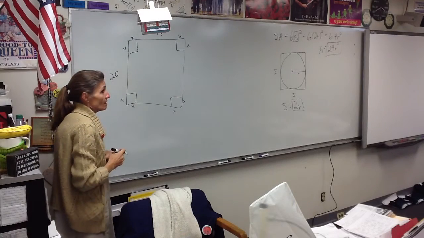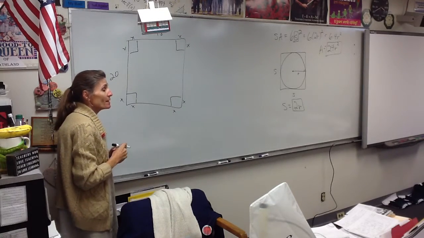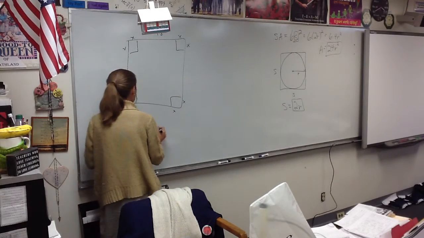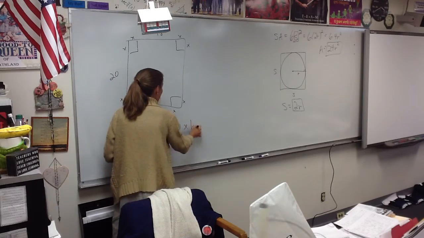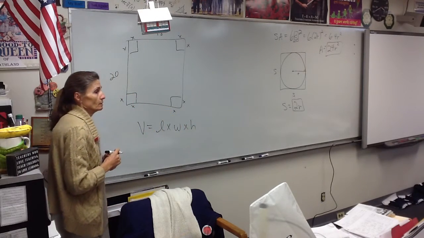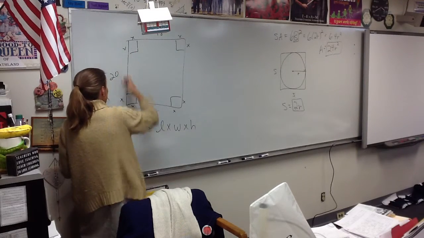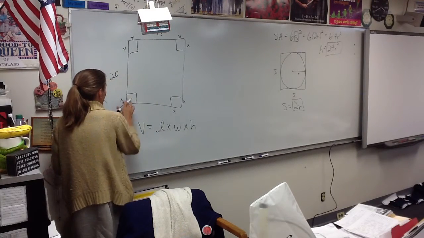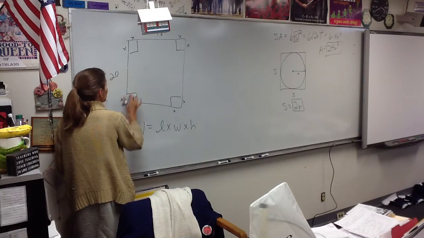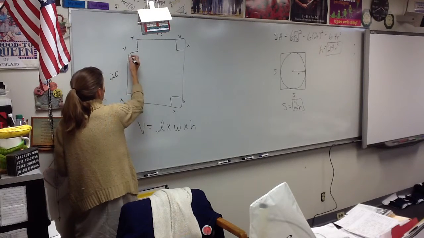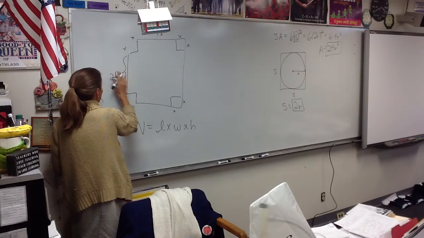Okay. Now I want to build the biggest box that I can. So this problem's all about volume, length times width times height. But remember, the original paper was 20 long. But you cut these out, right? So how long is it now? This isn't 20 anymore.